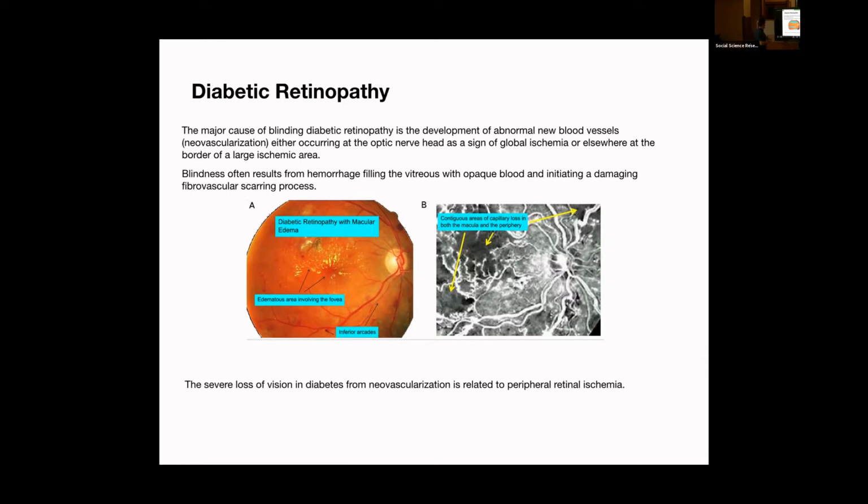So severe loss of vision in diabetes from neovascularization is related to peripheral retinal ischemia. That's when you're not getting oxygen to certain areas of the retina.